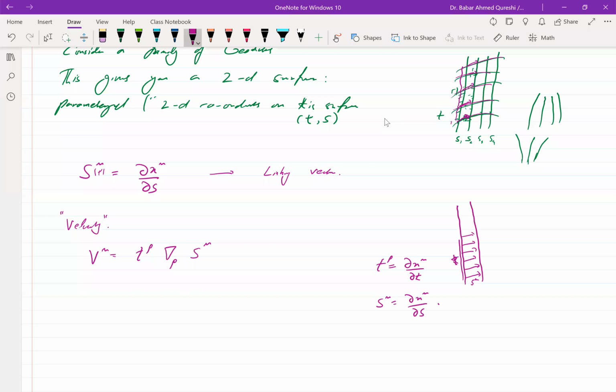But this is not a good measure because I don't know if they are initially parallel or not. Even in flat space, if I take these two lines, these are straight lines, and there's nothing about the curvature of the space which is making them depart. It's just that they're not parallel. And for lines which are at a distance, I don't know how to define parallelism.